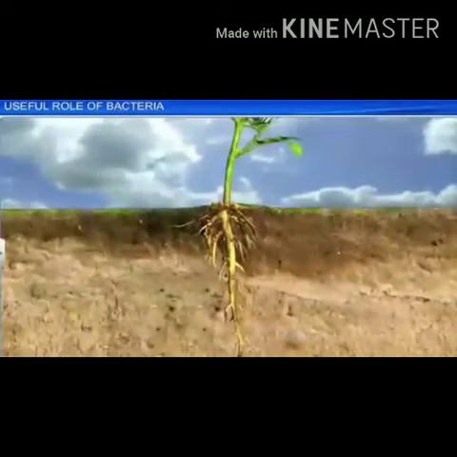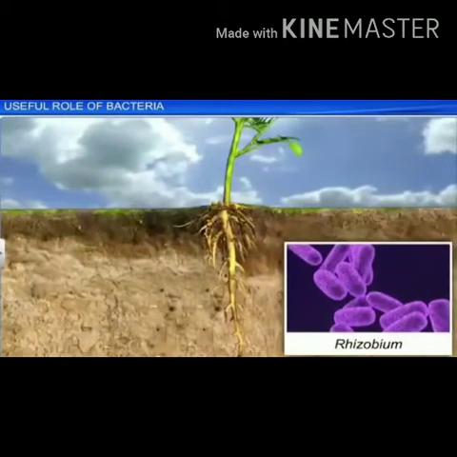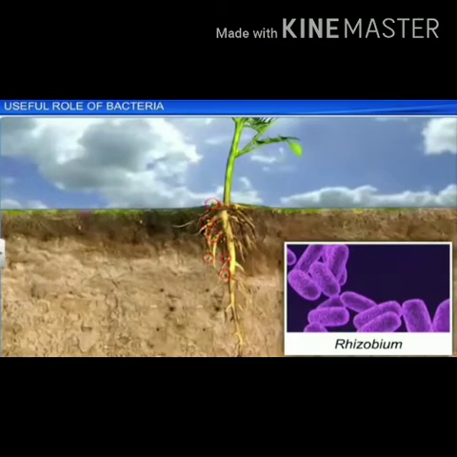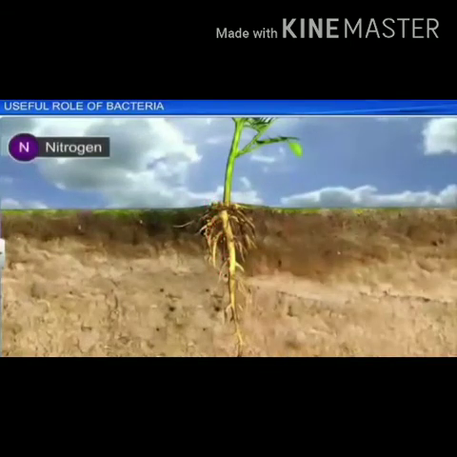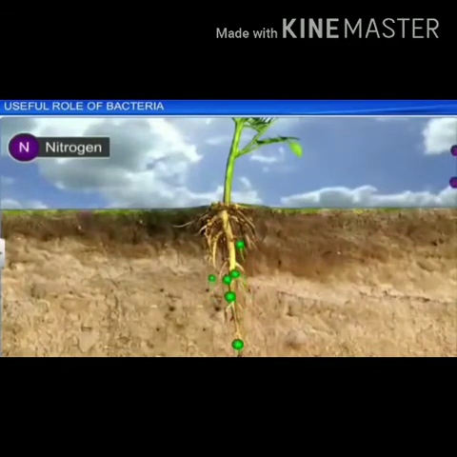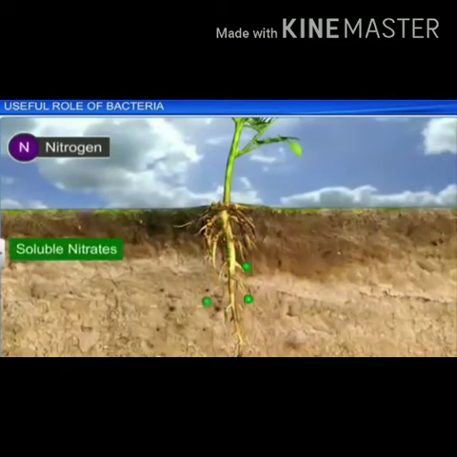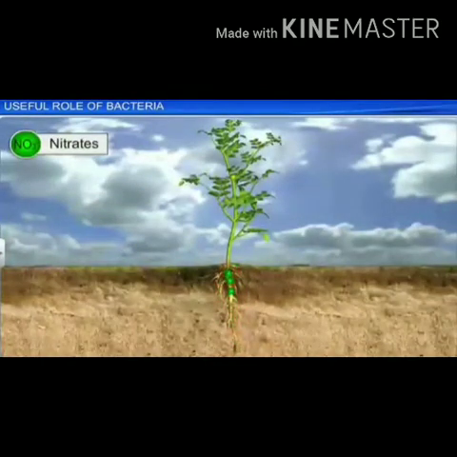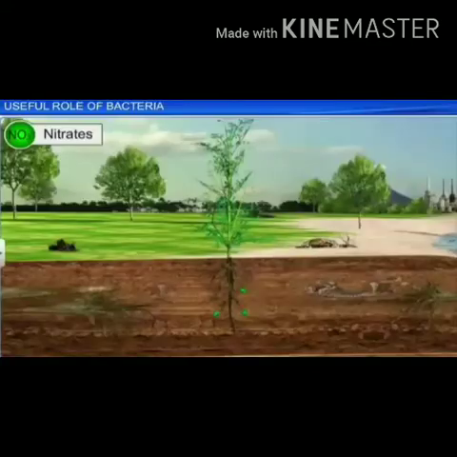Certain nitrogen-fixing bacteria, like Rhizobium, a special type of soil bacteria found in the root nodules of leguminous plants, help in this process. These bacteria pick up free nitrogen from the soil and atmosphere and convert it into soluble nitrates, which are used by the host plant as well as by other plants sown later in the same soil.